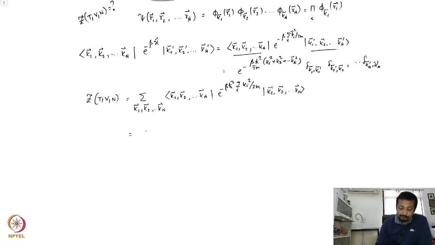You can split this because the exponential splits into products. So let's write this explicitly first: <k1| e^(-beta h bar squared k1 squared over twice m) |k1> times <k2| e^(-beta h bar squared k2 squared over twice m) |k2>, and so on and so forth.